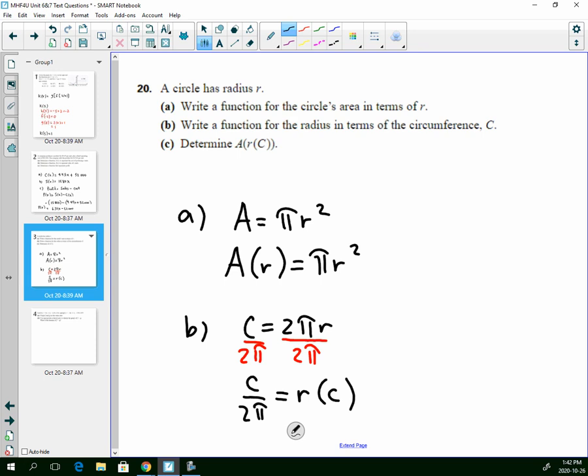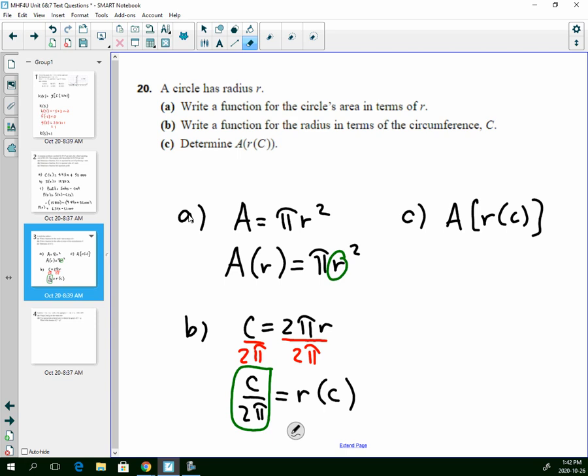And then it wants me to do composition with a of r of c. So a of r of c means put this formula here into the area for the r. So a of r of c would equal pi.